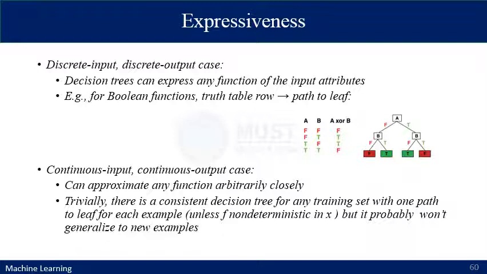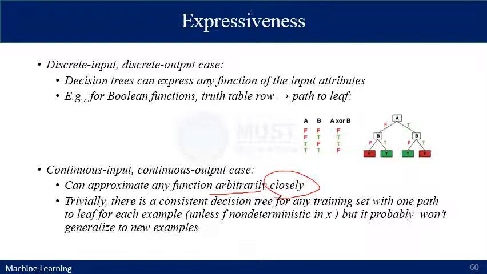However, the expressiveness for continuous input and continuous output is quite difficult, but it is manageable because decision trees can approximate any function arbitrarily closely to the predicted value.